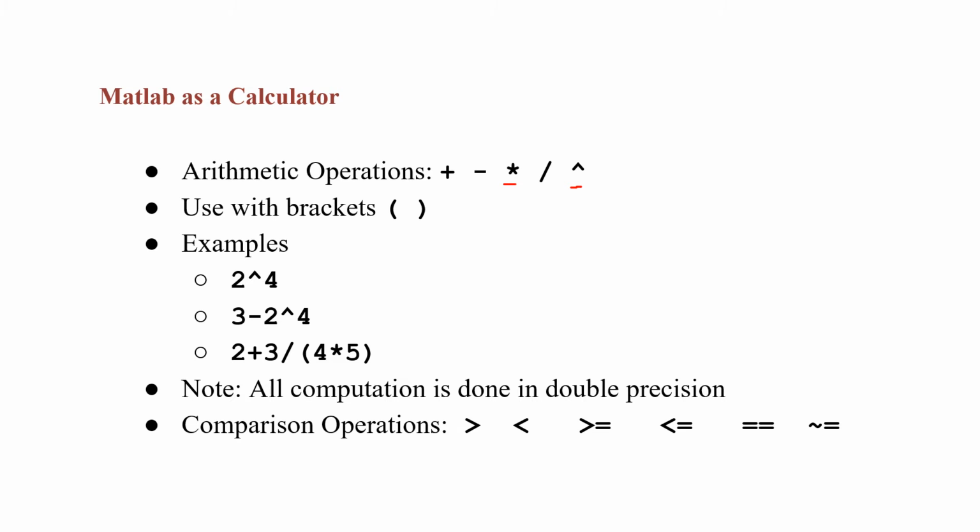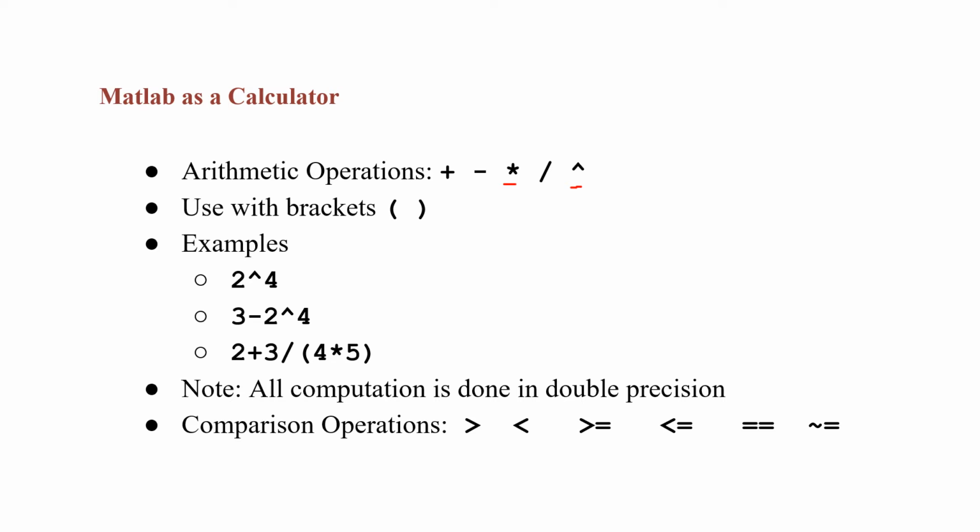If you want to emphasize the priority of certain operators, you can use brackets. So an example of MATLAB code could be 2 raised to the power 4, 3 minus 2 raised to the power 4. That's the second operation here.